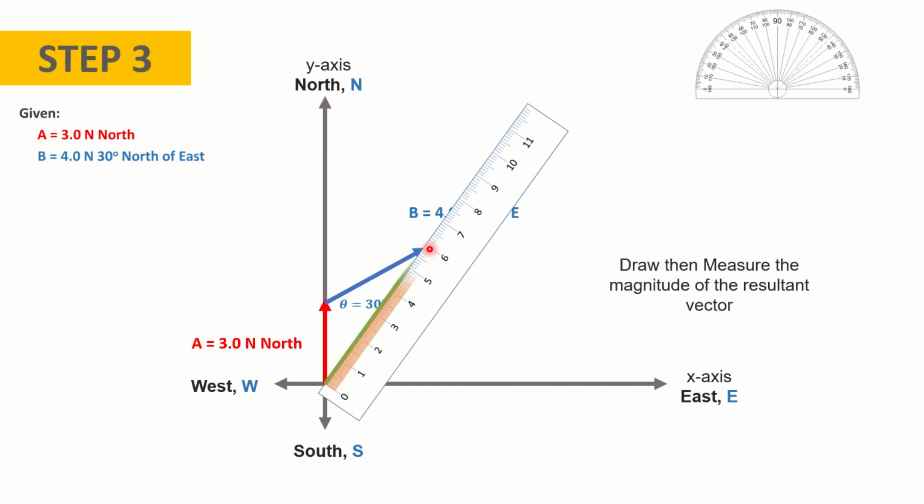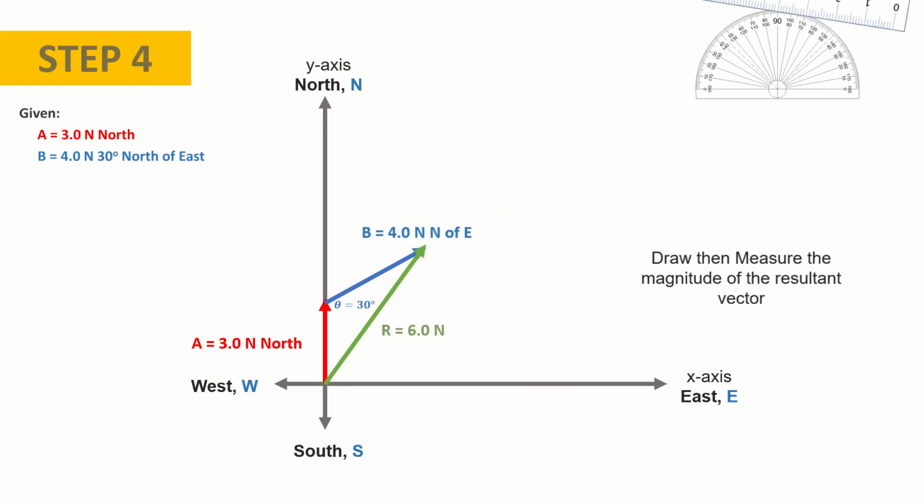While you're sketching, you can already measure it, since you are just using a ruler, and you can measure the magnitude of your resultant vector. In this case, we have a measure of 6 centimeters. Therefore, your resultant vector has a magnitude of 6 newtons.